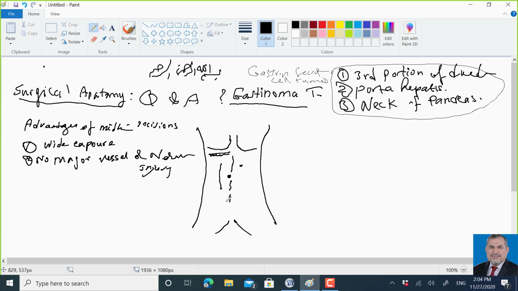What is the significance of arcuate line in the abdominal closure of midline incision?